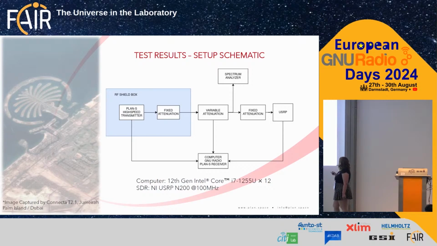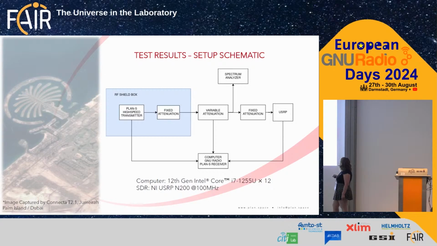So here is my test schematic. I have one RF shield box here. This line you're seeing is the RF line. Those downward arrows are my control lines. In the RF line, I have my transmitter. It outputs 33 dBm, quite high. I have various attenuations, a variable attenuation, and a measurement here.